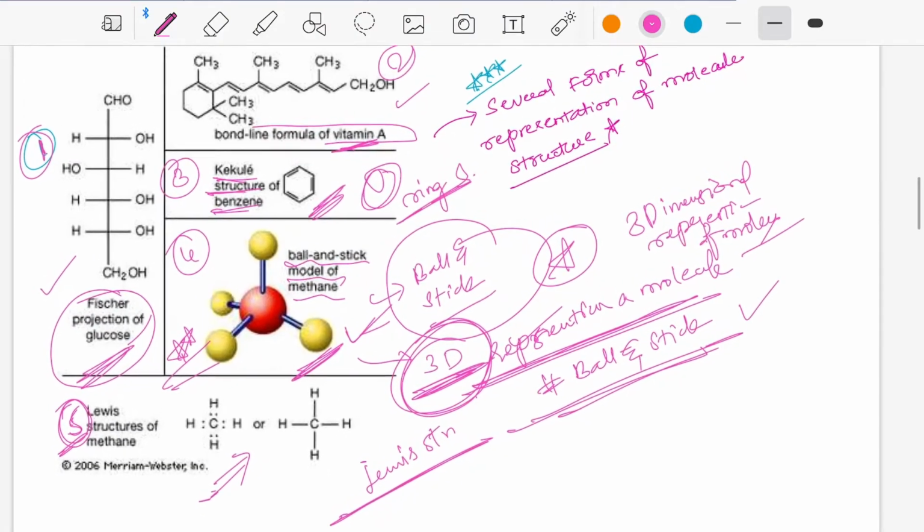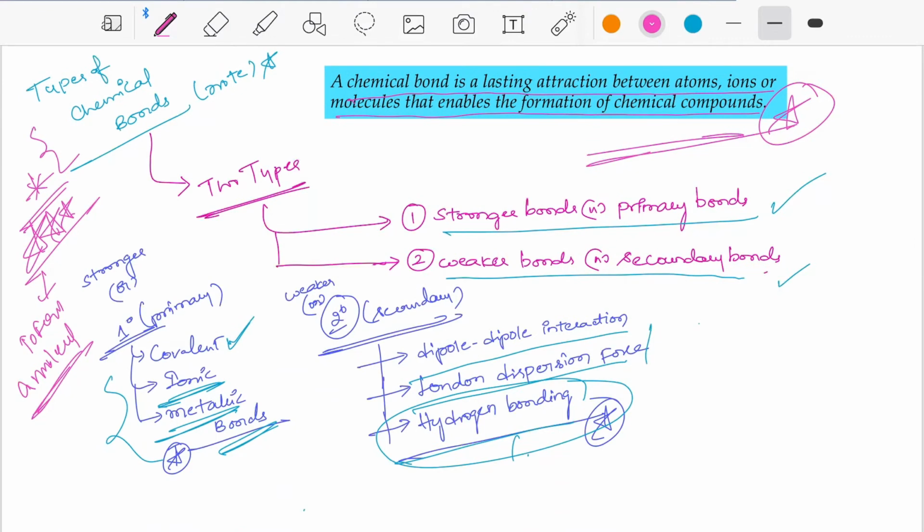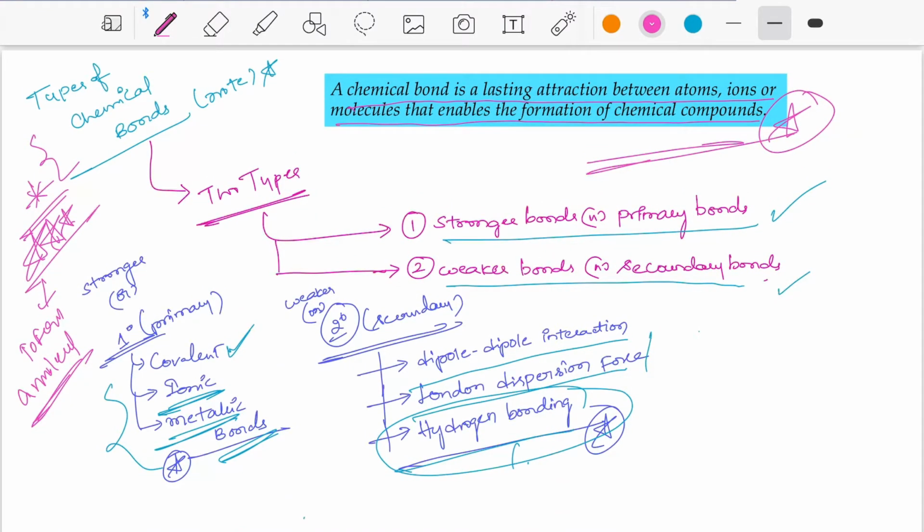Next we go to the types of chemical bonds. We know that atoms aggregate to form molecules. How do they form? By a chemical bond.